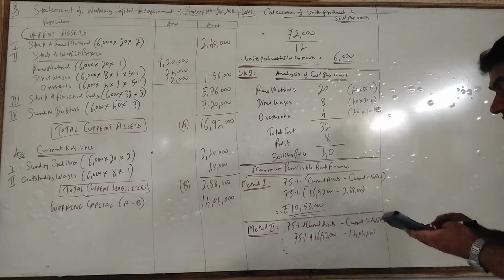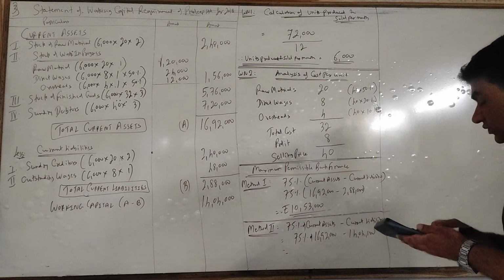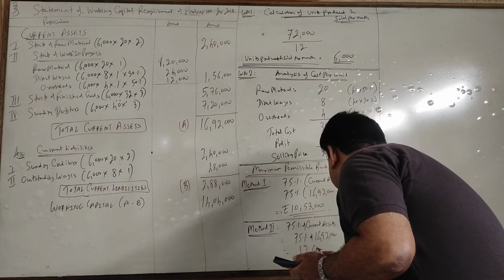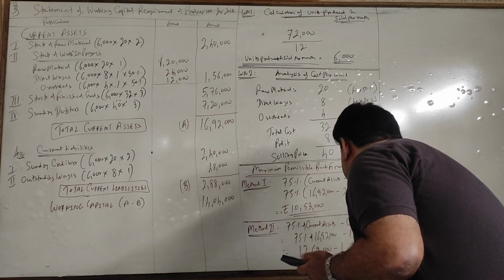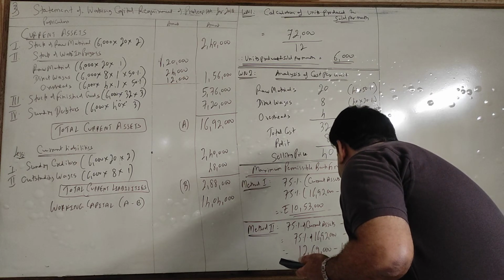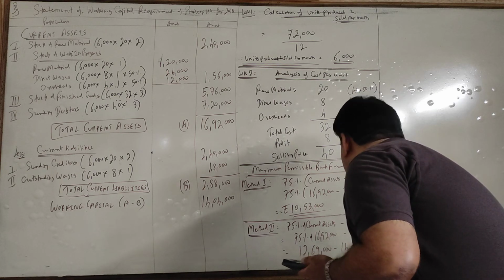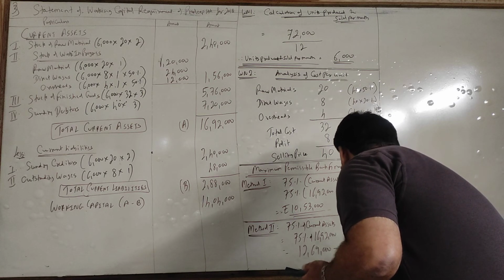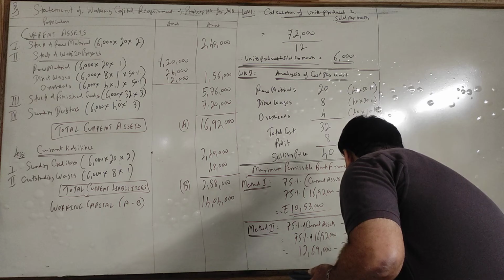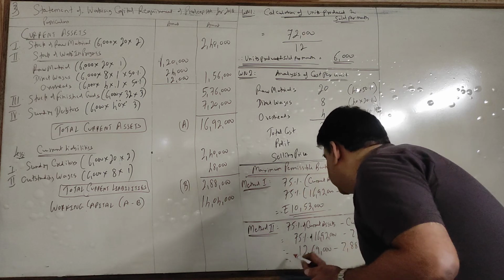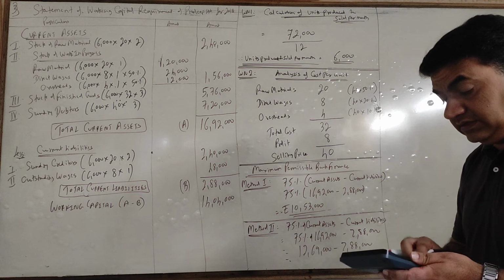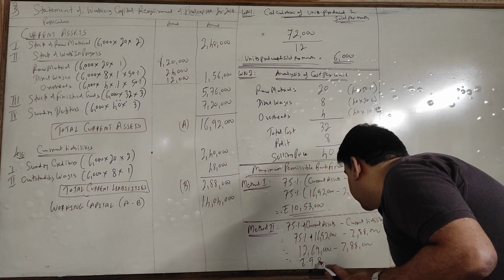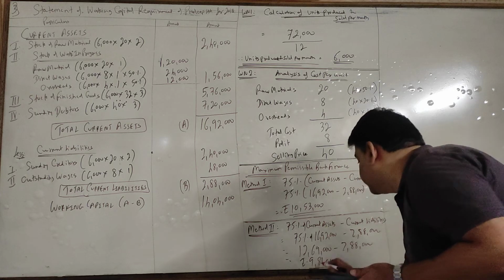So 1692 into 75 is 1269. Sorry, current liability is 28, I wrote that as 288. So 1269 minus 288 gives you 9,81,000.